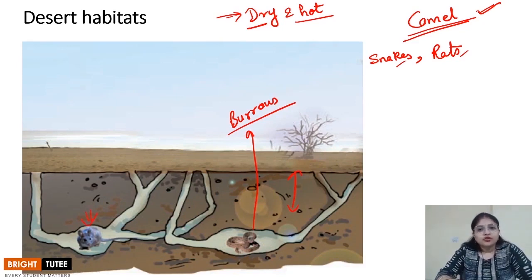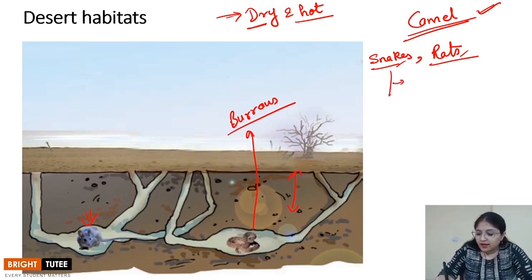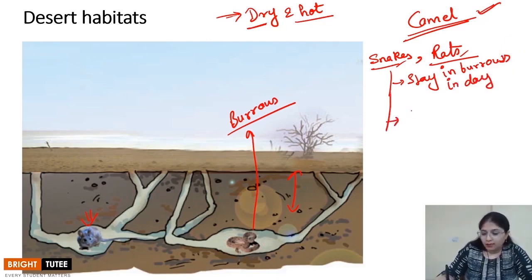Over here the temperature is cooler than the surface of the earth, right? So in this particular habitat we see that snakes and rats stay in burrows in the daytime, whereas during the night they come out, right?